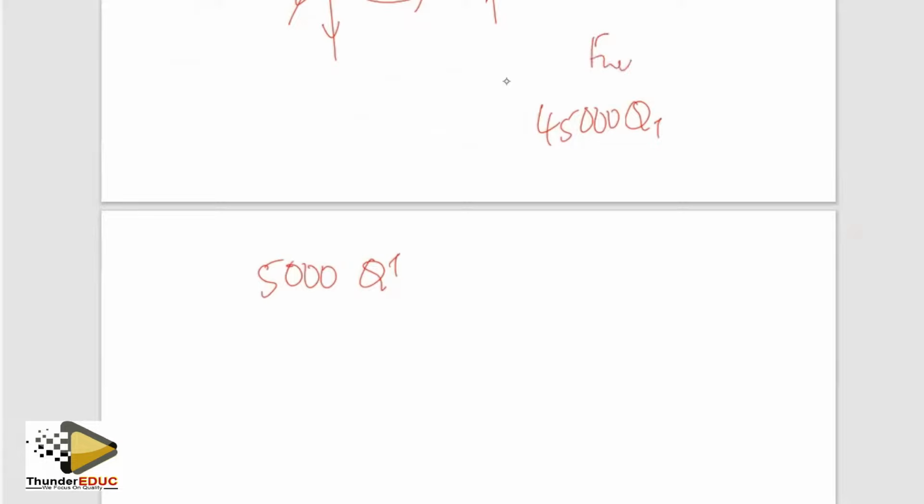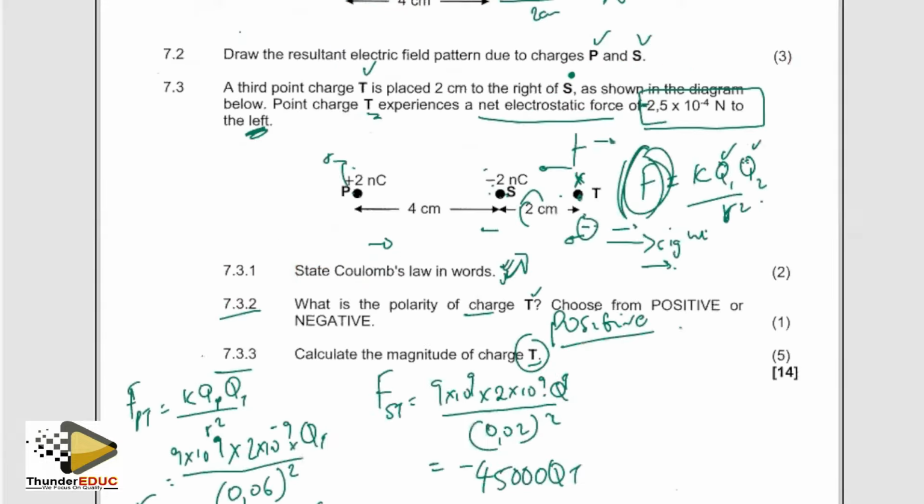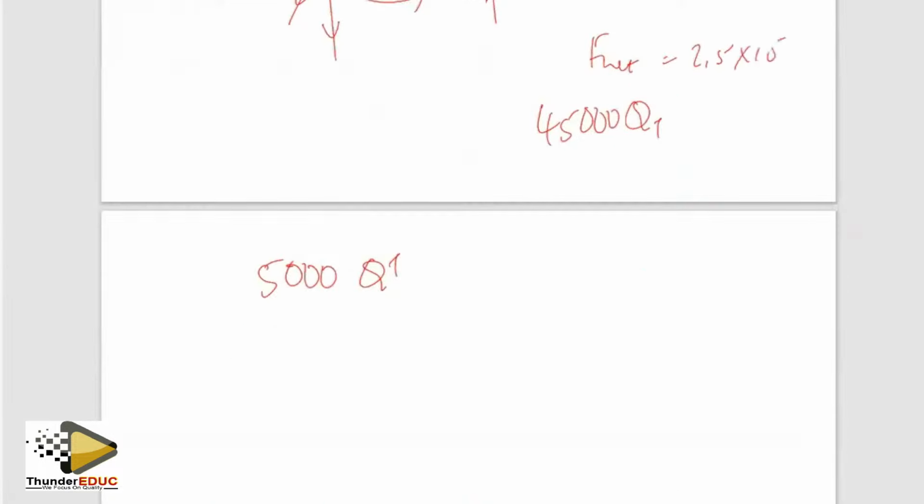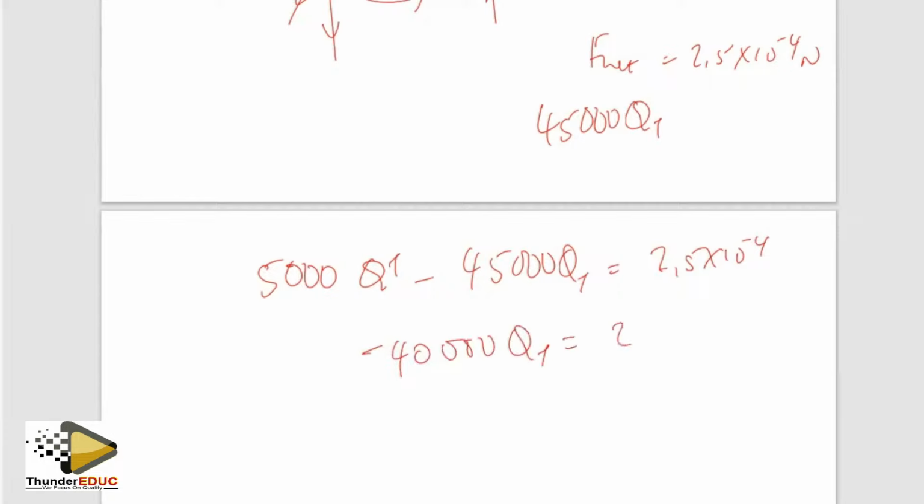So F net is 2.5 times 10 to the negative 4 newtons. So if I get my 5,000 minus my 45,000, it must give me the 2.5 times 10 to the negative 4. Subtracting this, I'll get negative 40,000 QT is equal to 2.5.